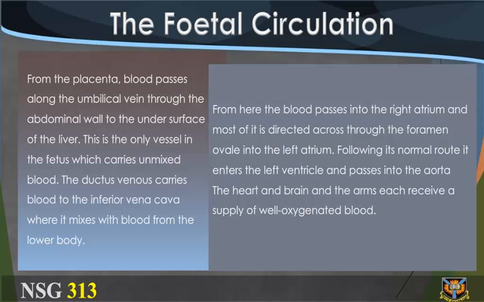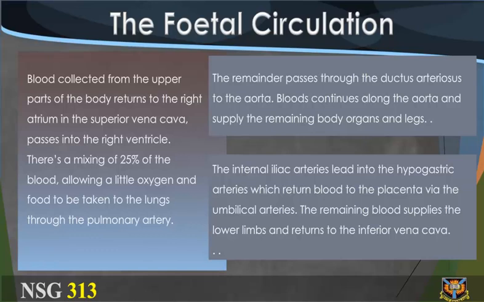The heart and brain, and the arms, each receive a supply of well-oxygenated blood. Blood collected from the upper parts of the body returns to the right atrium in the superior vena cava and passes into the right ventricle.